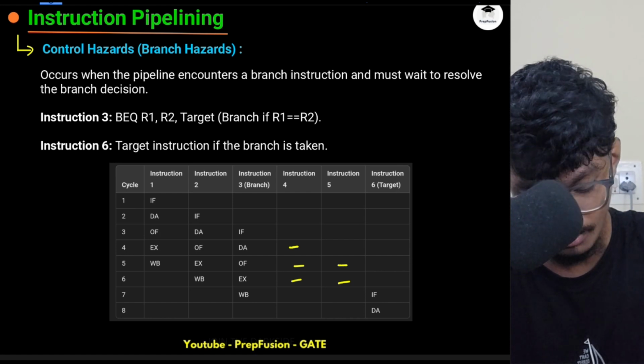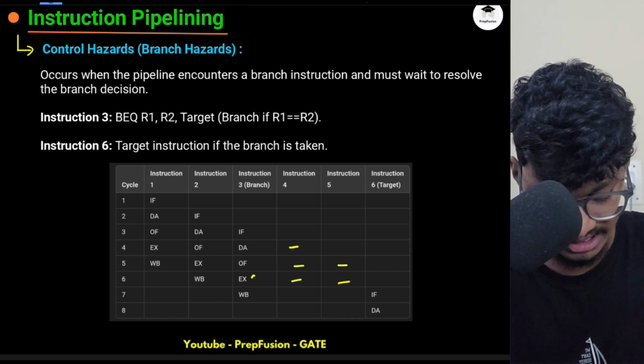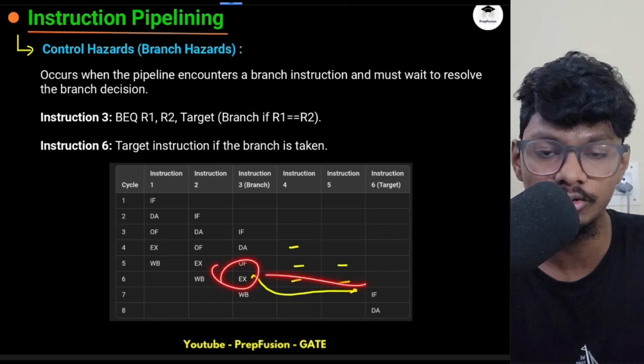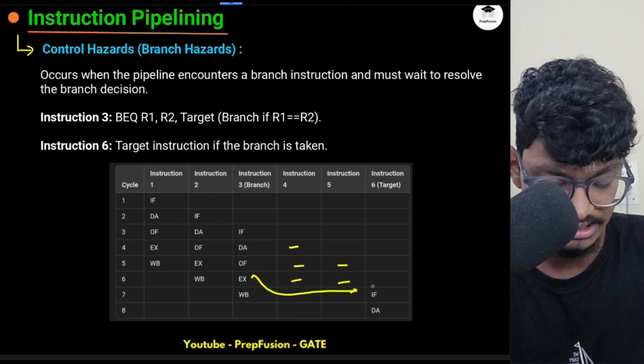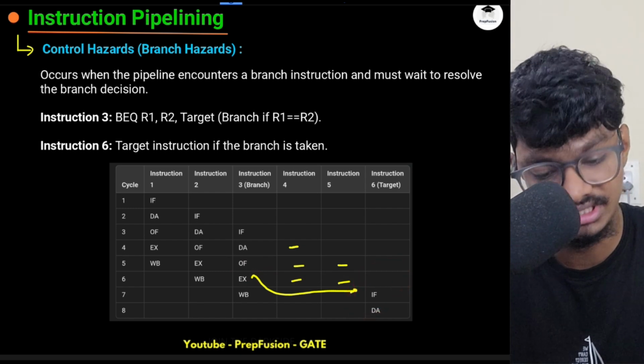Only after this execution phase has the branch condition finally been evaluated. Then I will send a signal to the pipeline so it understands what the next instruction to be fetched is. Now I will fetch the next instruction. If the branch is taken, I will fetch I6.